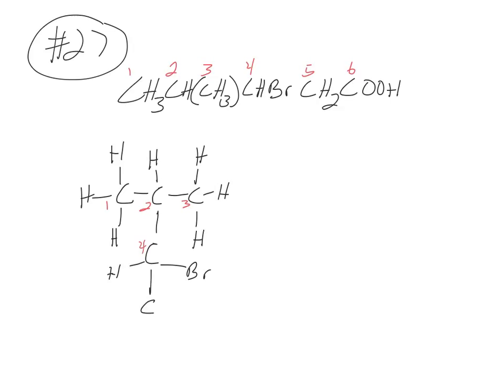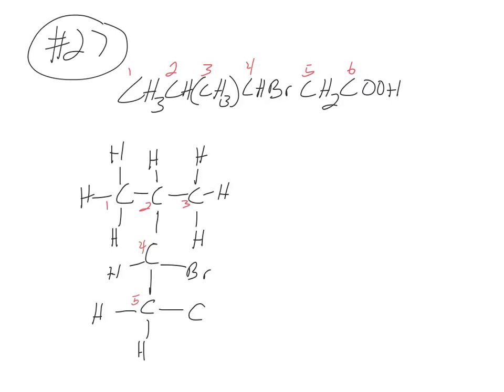So there's 5. Oops, that looks like a 6. There's 5. What else is 5 bonded to? 2 hydrogens. And what else must it be bonded to? Carbon 6. Now this is tricky here.